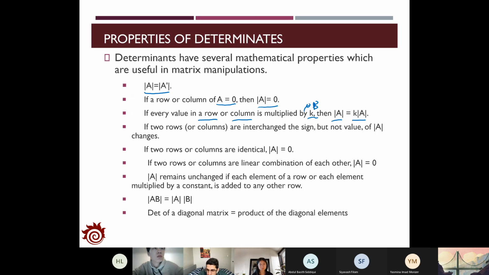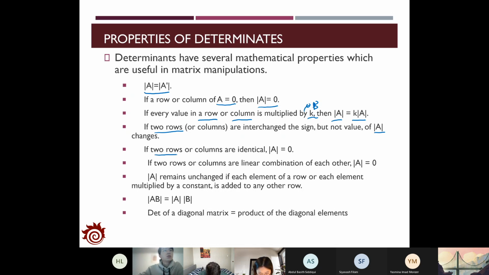Another thing: if two rows or two columns are interchanged, the signs change but not the values, then the determinant of A will also change sign. So this is another specific feature.